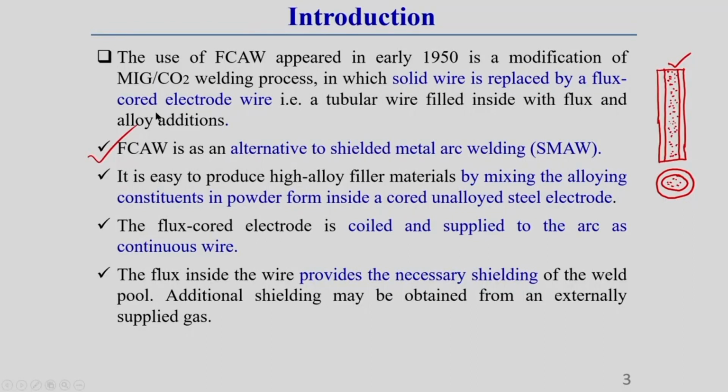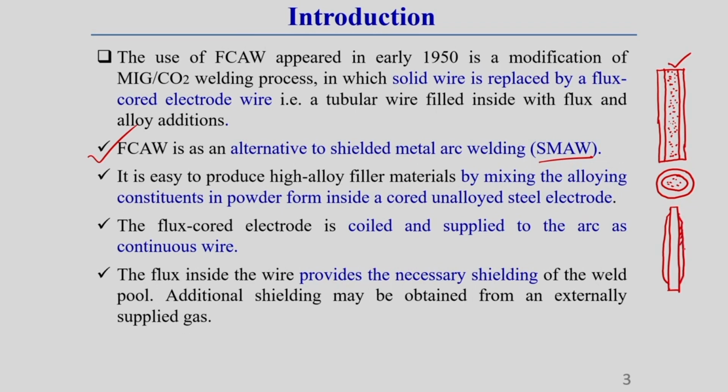We can say this flux core arc welding process is an alternative to the shielded metal arc welding process. What I am telling, understand? Why is it an alternative? Because in the case of the shielded metal arc welding process, this is the electrode, and on the outside of this electrode a flux cover is used.